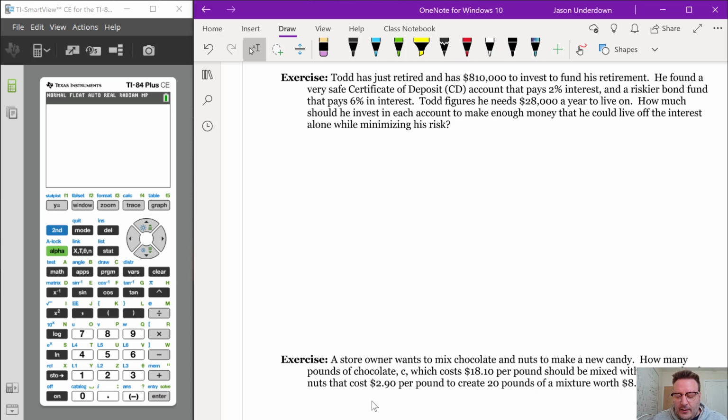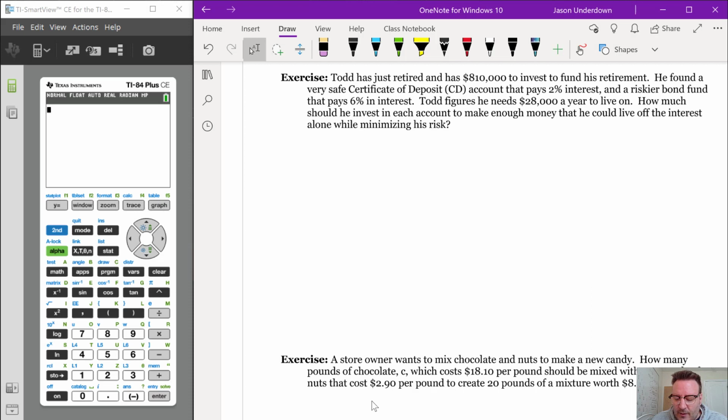So Todd has a nest egg for his retirement of $810,000, and he wants to put this into an interest-bearing account, in fact 2 different accounts, such that the interest alone will be $28,000 a year.